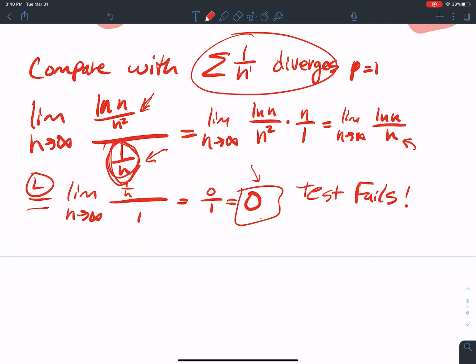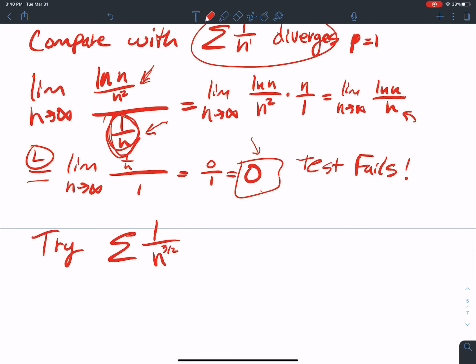So maybe there's something in between n squared and n that might work. So maybe try series 1 over n to the 3 halves, 1.5, right? We're getting kind of wonky here. So what do we know about this? This is a p equal to 3 halves, which is greater than 1. Therefore, this converges. P-series.